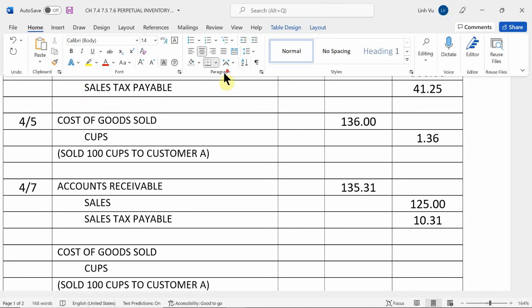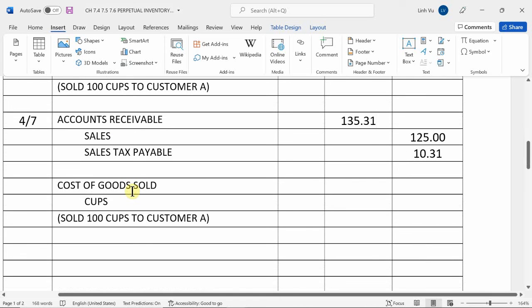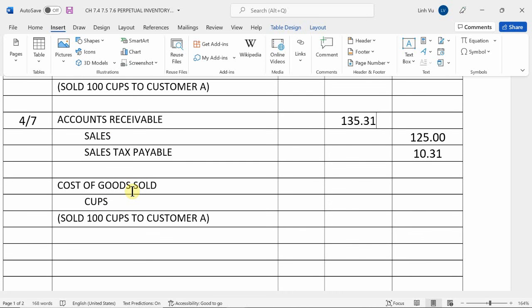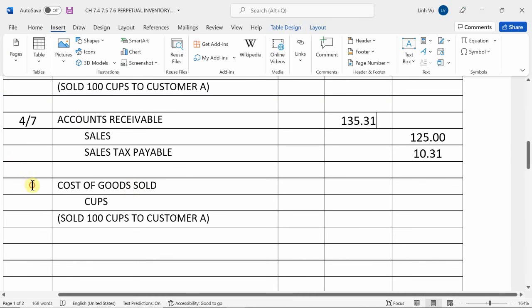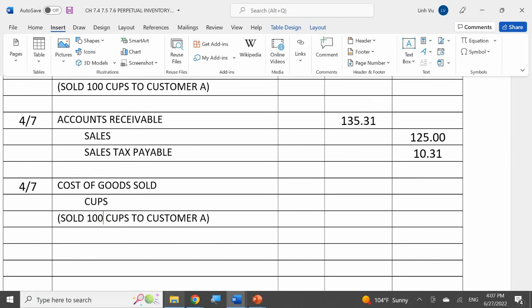Okay? And because you sold to customer B on an account, in this case, you sold it whether you received money or not, right? It's gone. So in this case, I need to also update my inventory because I sold 25 cups to customer B, okay?